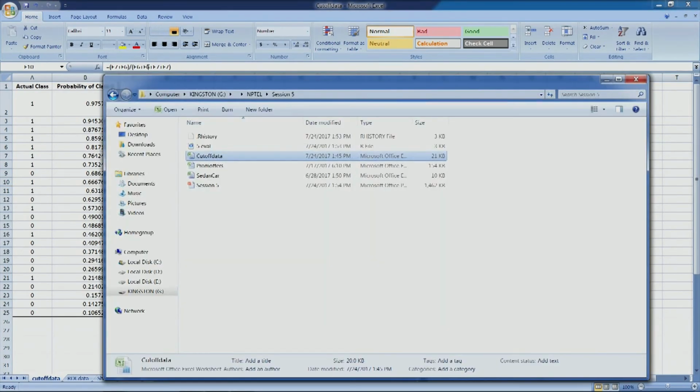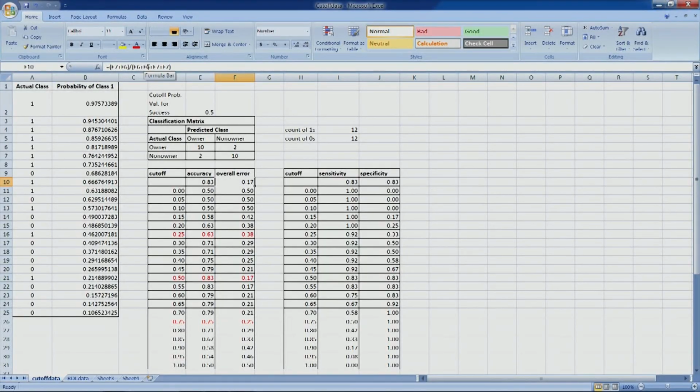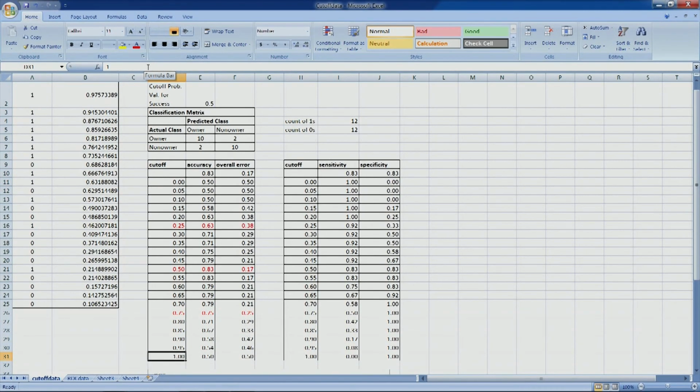In this particular case we have created a data table in Excel, with cutoff values ranging from 0 to 1 at every 0.05 interval. As the cutoff value changes from 0 to 1, we have the accuracy and the overall error.